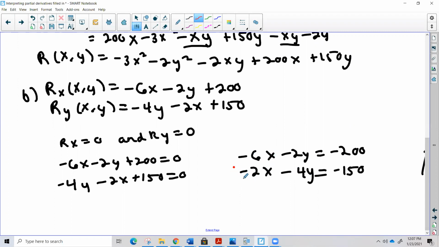Let's just do the x's because either one is pretty straightforward. So if I have negative 6 and 2, well, I can make a negative 2 a 6 by multiplying by a negative 3. And again, I want it to be opposite signs. So when I add them, they add to 0. So I'm going to multiply this second equation by negative 3.